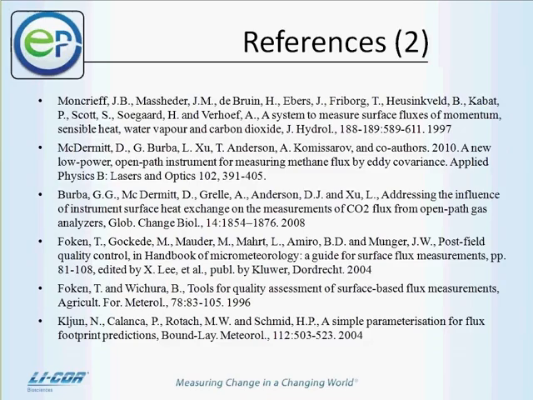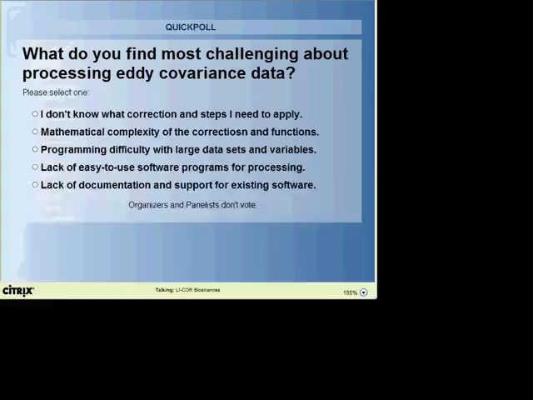All right, Gerardo, before you move ahead, let's do our second poll question. What do you find most challenging about processing eddy covariance data? I don't know what correction steps I need to apply, mathematical complexity of the corrections and functions, programming difficulty dealing with large data sets and variables, lack of easy-to-use software programs for processing, lack of clear documentation and support for existing software. Please click the radio button next to your answer choice.